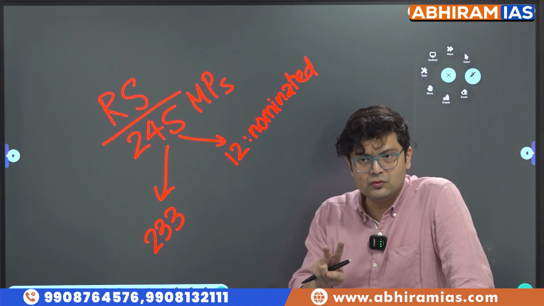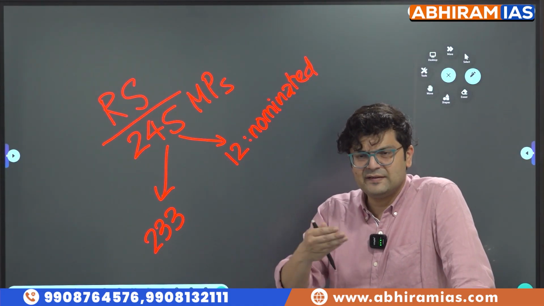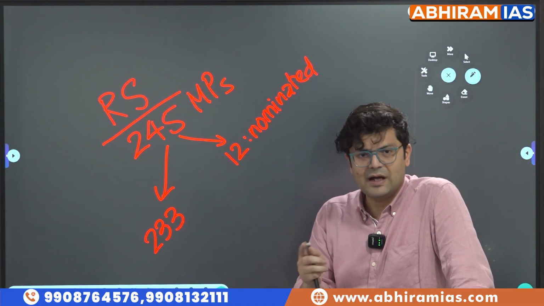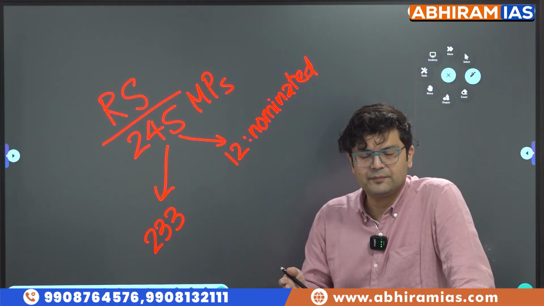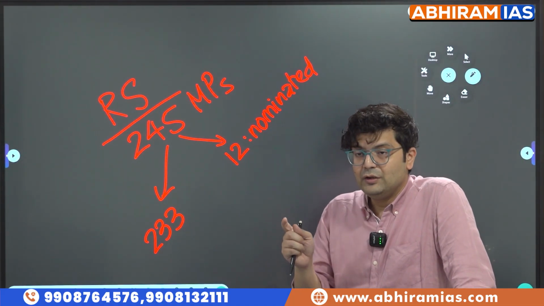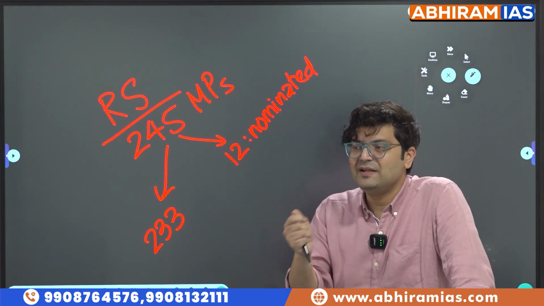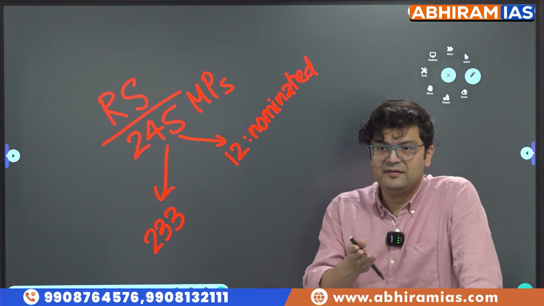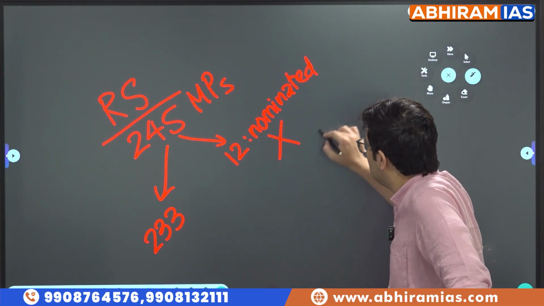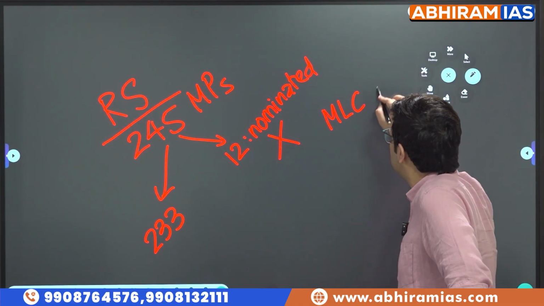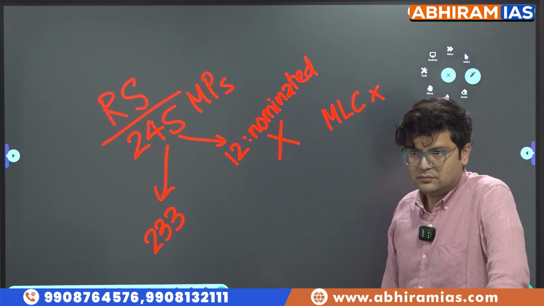Clear? And number two, yesterday we saw that there are 6 states which have councils. Remember? Andhra, Telangana, Bihar, all these states. In those councils, we have people called MLCs, not MLAs. MLA is in the assembly, MLC in the council. So MLCs also cannot vote. Clear?